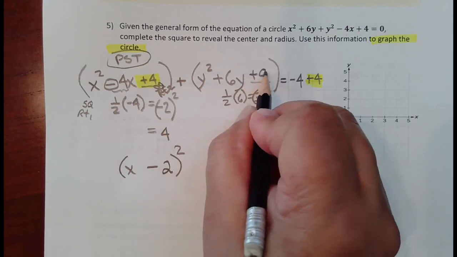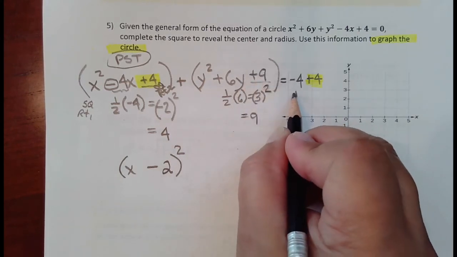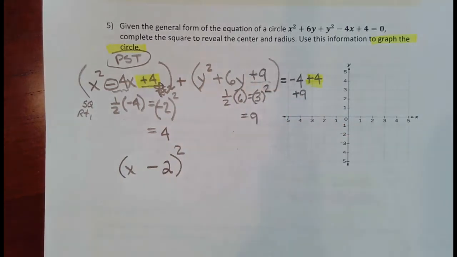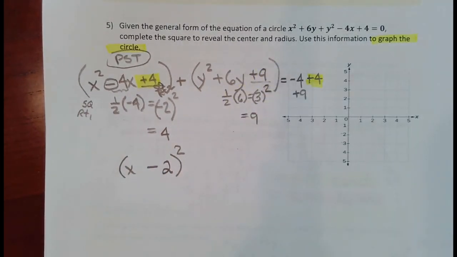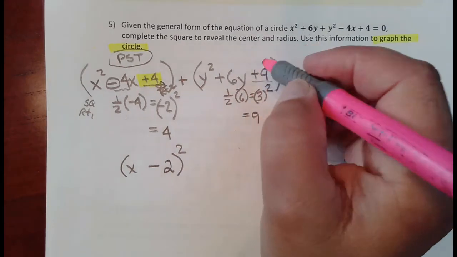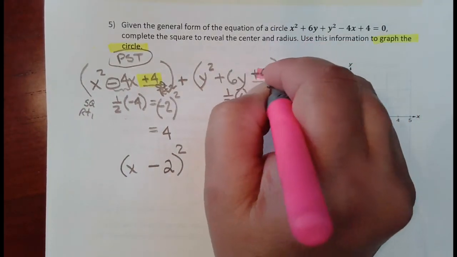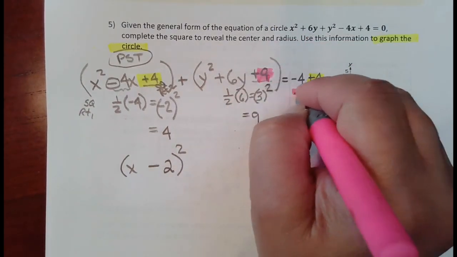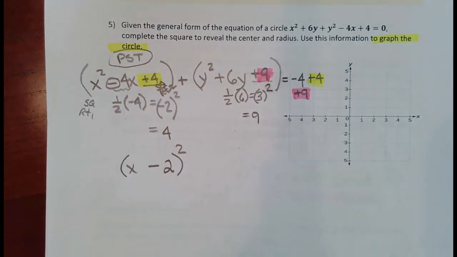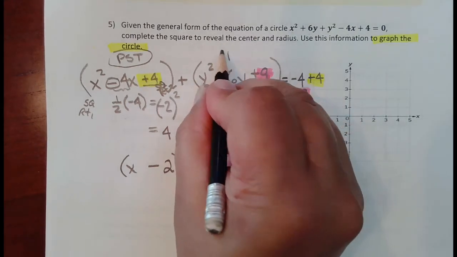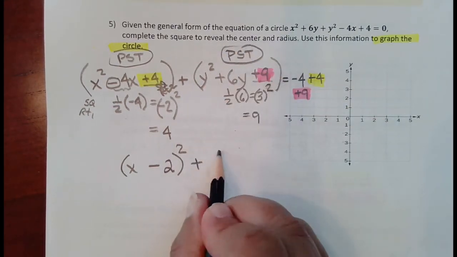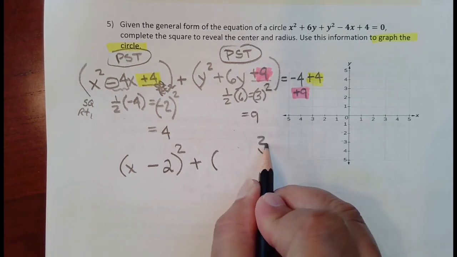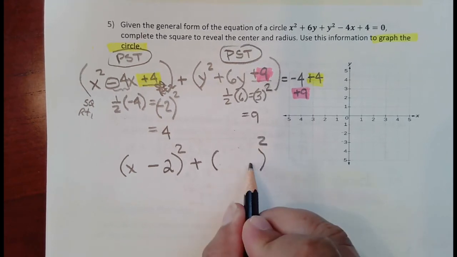All perfect square trinomials factor like this, and you fill in the front and the back just by taking the square root of the first term, square root of the back term, and join them by the sign of the linear coefficient, which was plus. Okay, tally up all these numbers, combine them. This canceled with this, you're left with just a 9. You now have an equation of a circle that is in standard form.